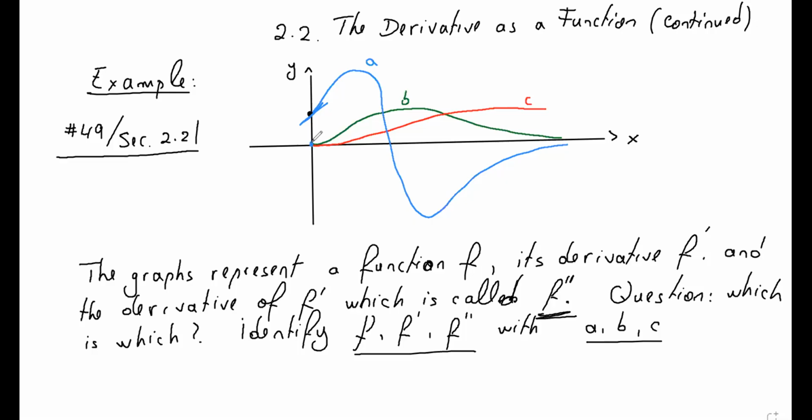So these functions start here. So for sure, we know that the derivative of A at 0 is a positive number.